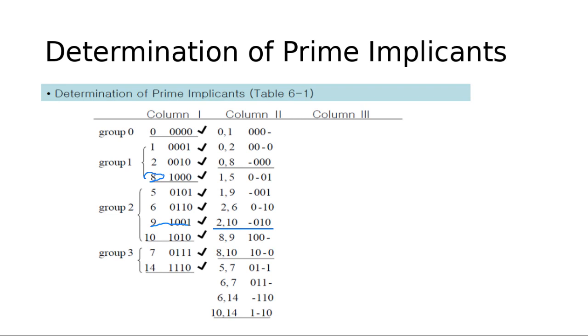Because there's only 1 bit change, this one, and we use dash for the bit change, and there's a 10 also. When you use the expression, please tick that. You will use this tick, okay?